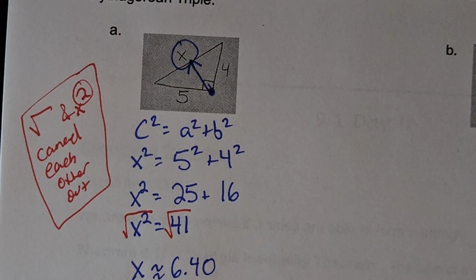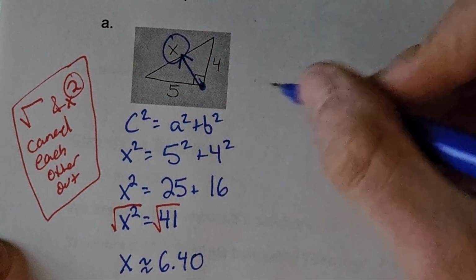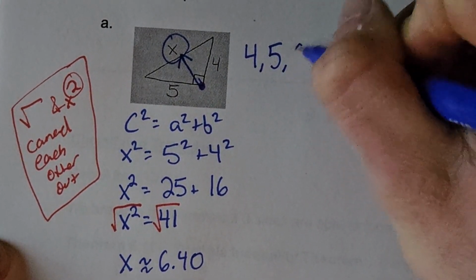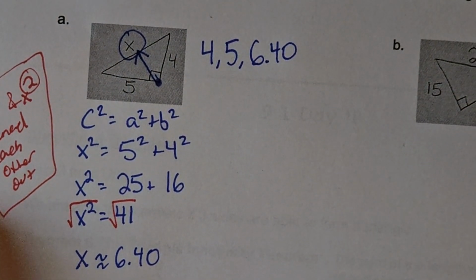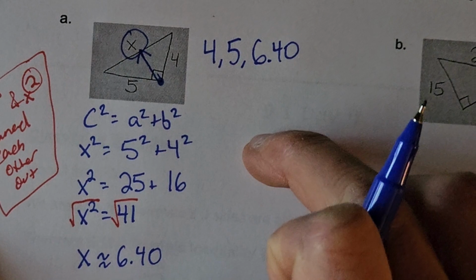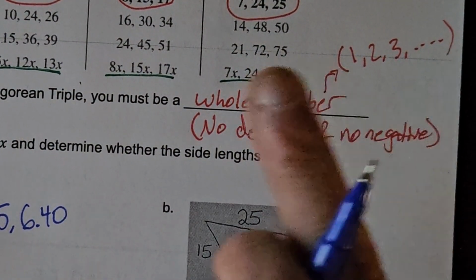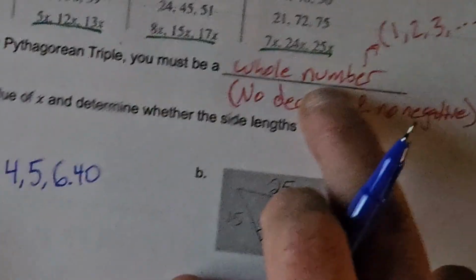So looking at the sides that I have, a 4, a 5, and a 6.40. Now, I need to decide if this is a Pythagorean triple or not. I can only have a Pythagorean triple if I have sides that are whole numbers, which means no decimals, no negatives.